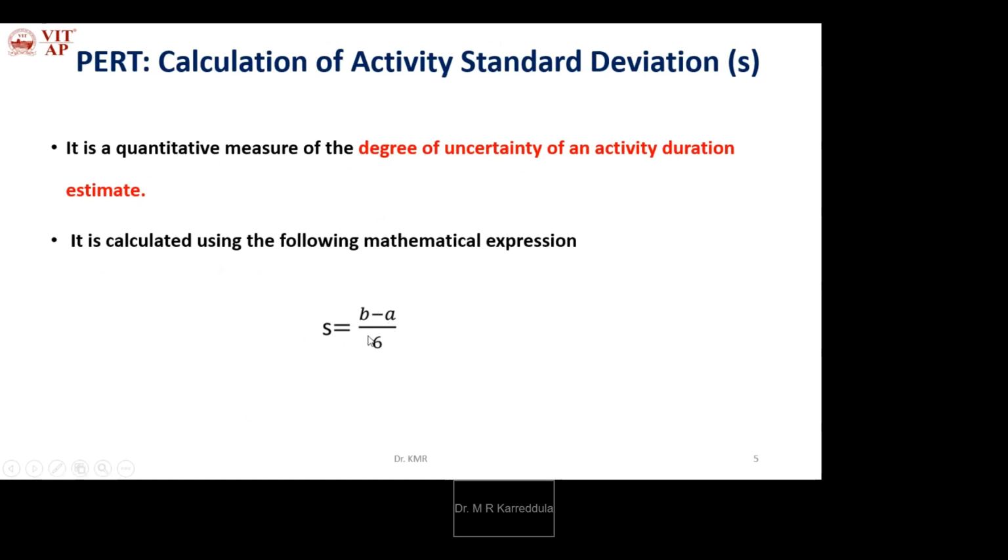Optimistic time. So here we are calculating the standard deviation using the combination of pessimistic time and optimistic time, B minus A divided by 6. Using this formula, we'll calculate the standard deviation of all the project activities or tasks, where B is the pessimistic time and A is the optimistic time.